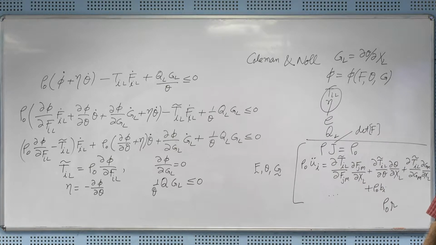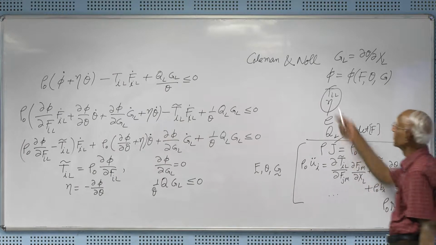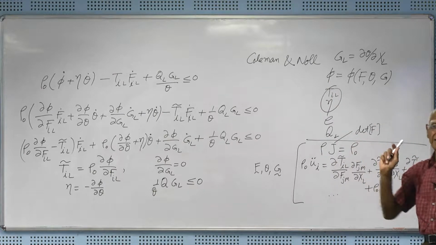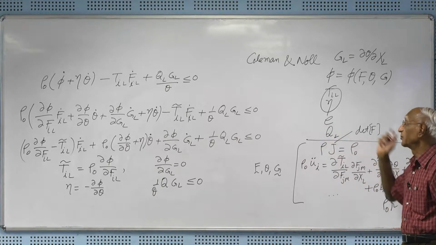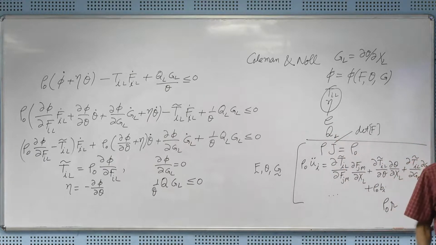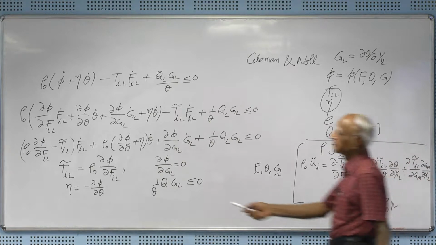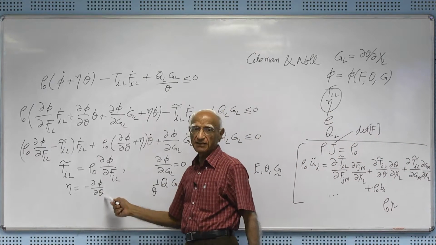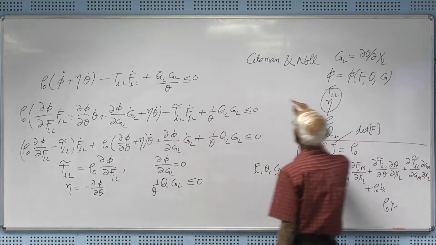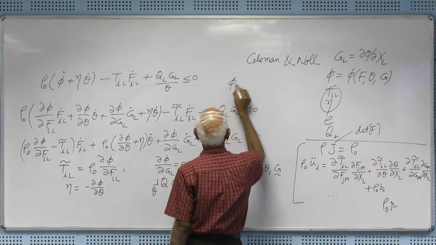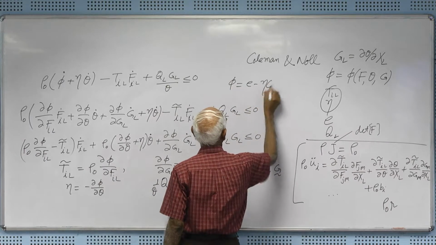Okay. We are not home yet, because for a thermoelastic material I still have to find phi, and I still have to find q, the heat flux. And if I know entropy eta from this, then finding E is no big deal, because we said phi equals E minus eta theta.